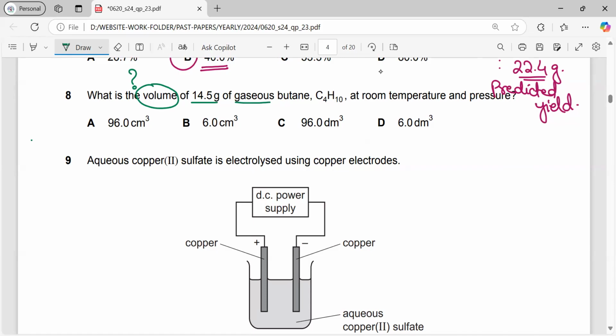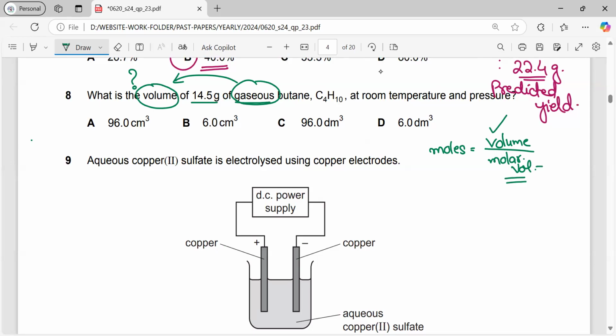The formula for the volume is moles is equal to volume over molar volume. This is the formula we use for any gaseous substance if the volume is asked.